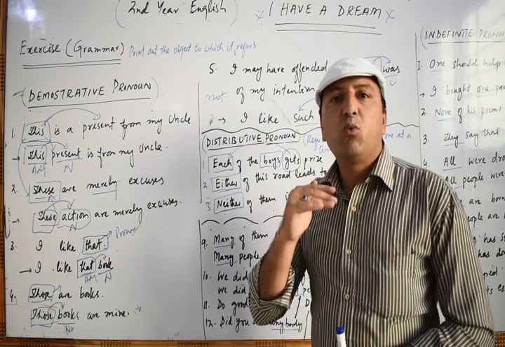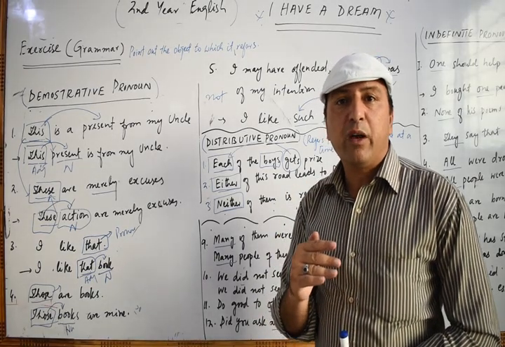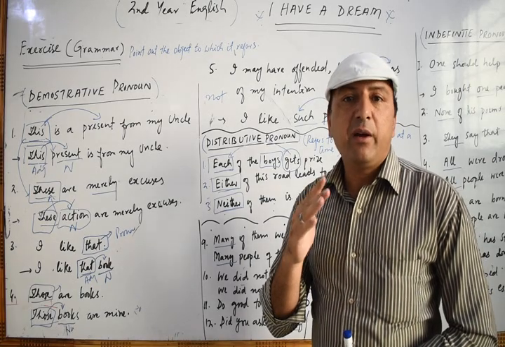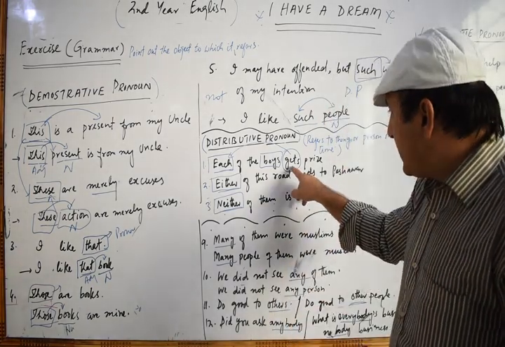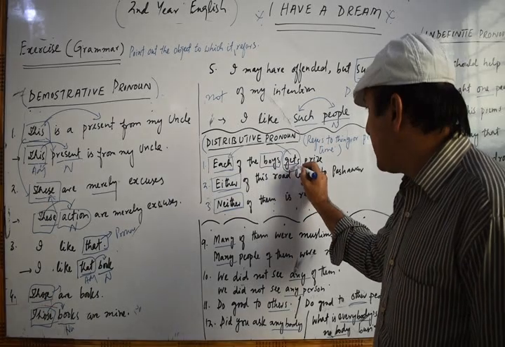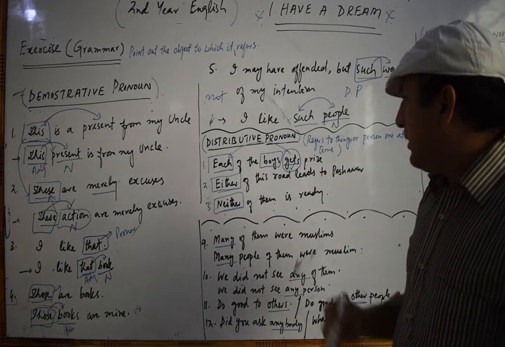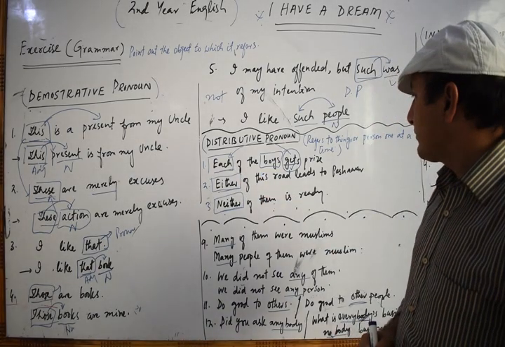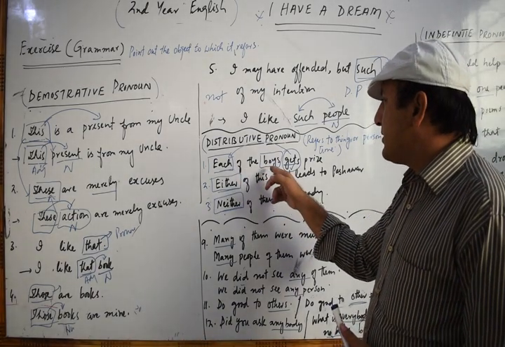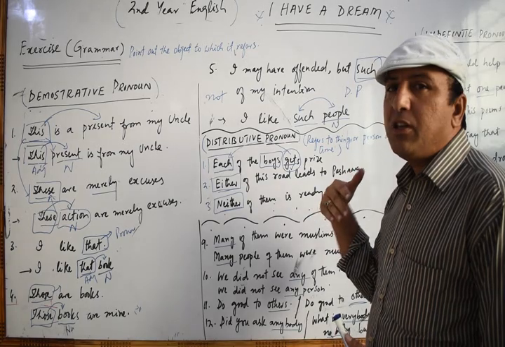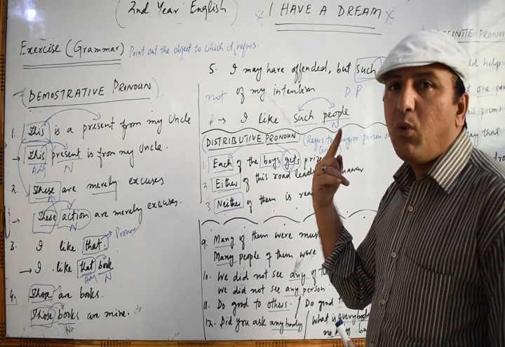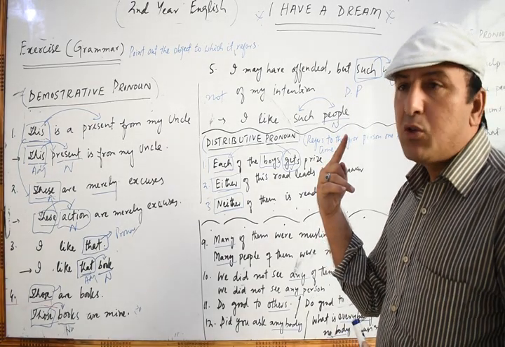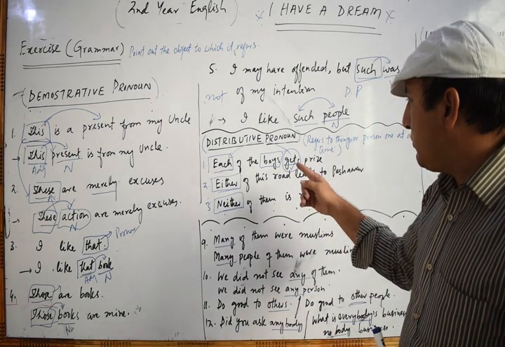So the verb used in the sentence would be according to the one person identified by each. So gets is a singular verb. Now see, each of the boys means it refers to one boy at a time. So the singular verb would be used.